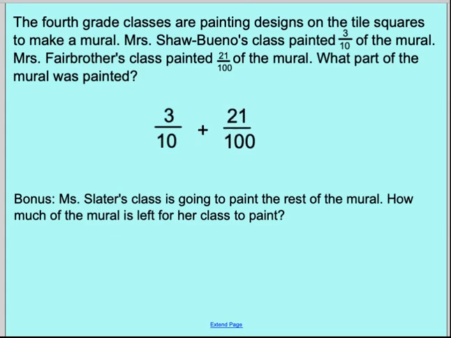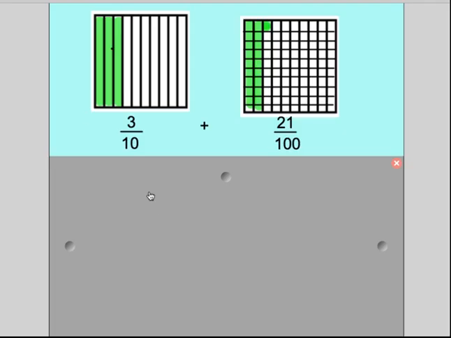Let's use a picture. All right, here's 3 tenths, right? So 1 tenth, 2 tenths, 3 tenths are shaded, plus 21 hundredths. Okay, so this one actually has the picture with the hundredths, right? So it's a 10 by 10 array.